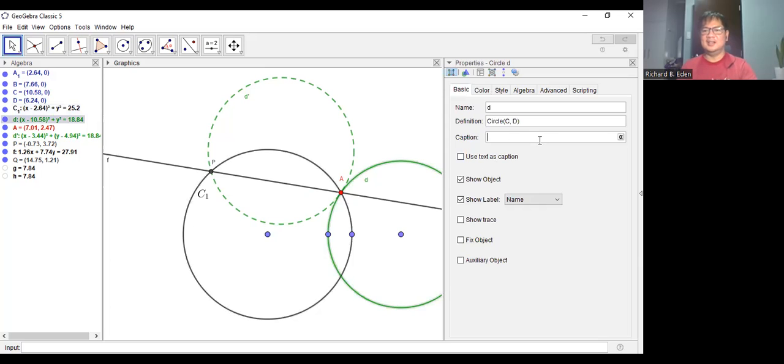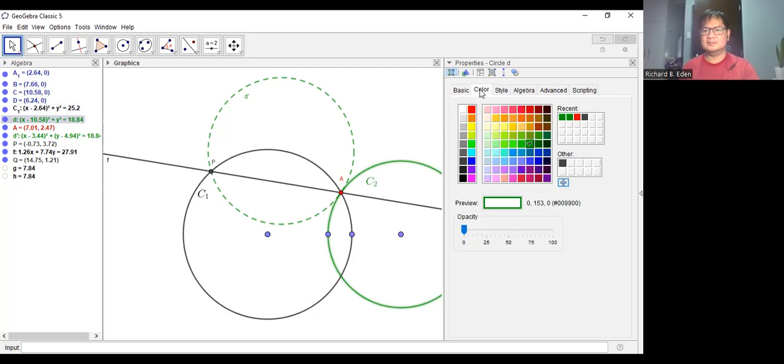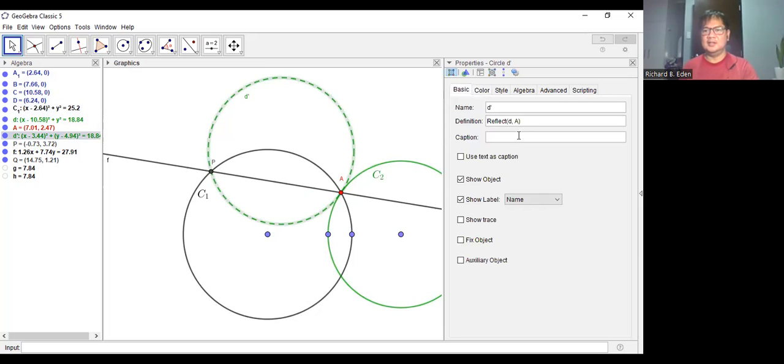So this is large C2. Then this is the image, C3, actually. Large C2 prime.